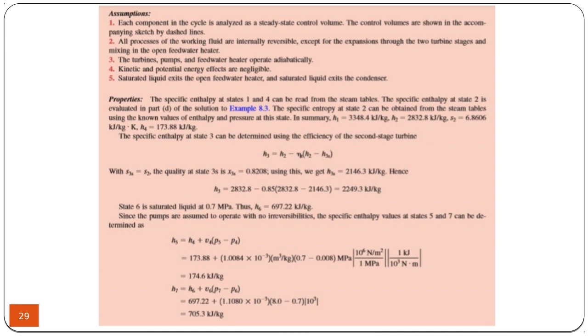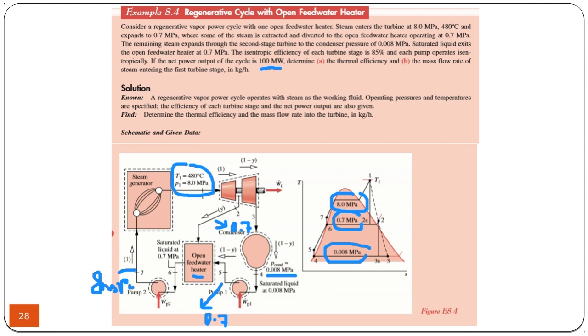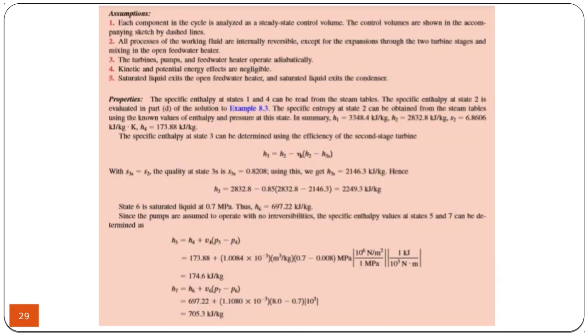Here we are given irreversibilities in the two parts of the turbine. The turbine has an irreversibility, so it has an isentropic efficiency. By using the isentropic efficiencies, we can calculate the actual turbine exit. So the actual turbine exit is this one, which is obtained from the isentropic turbine efficiency.